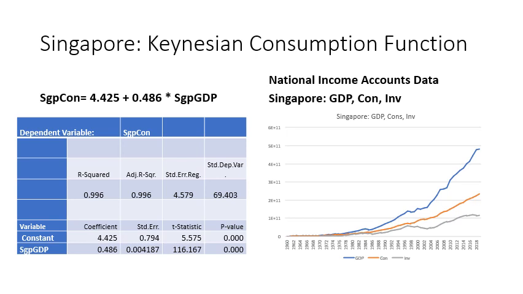We consume out of our income, and to a first approximation, we can take this as a linear relationship, so that the Singaporean consumption is equal to some constant plus some proportion of the Singaporean GDP, or the gross national income. So this is a relationship at the aggregate macro level.